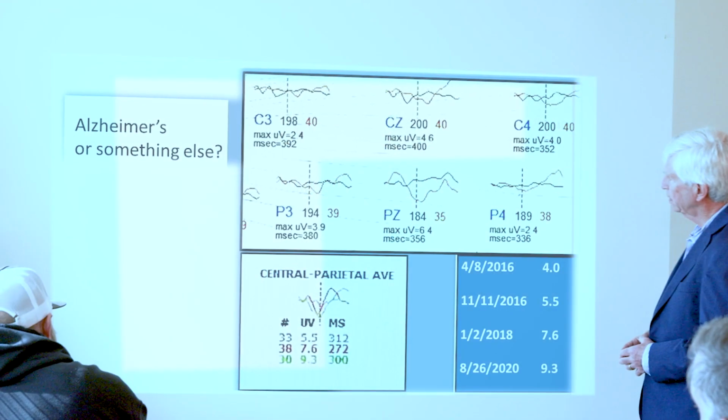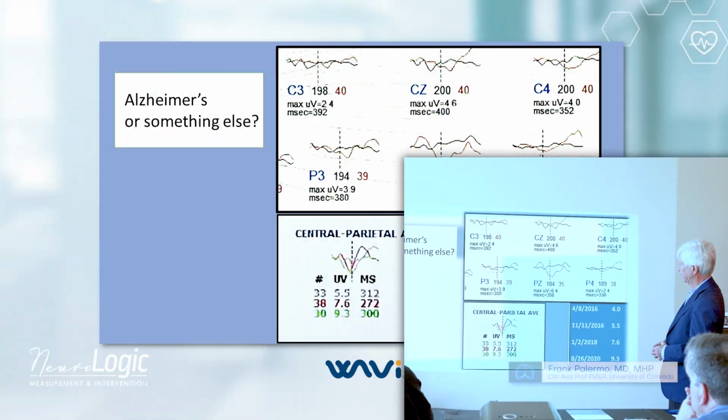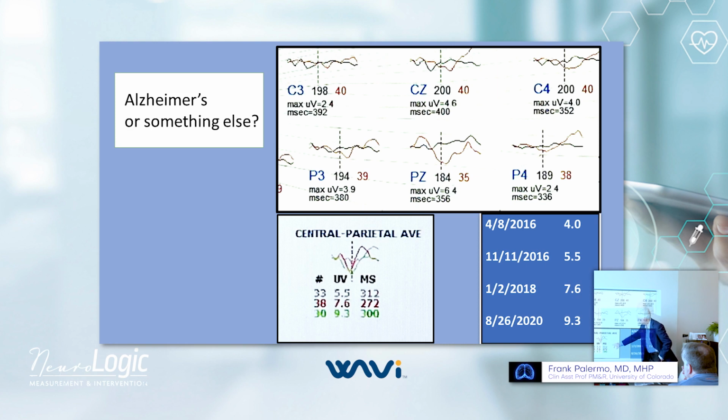Now, what I had looked at was the central parietal average. And these are my scans. When I first did the test in 2016, I got a 4.0 on central parietal average, and then it improved to 5.5 with just some of my modifications.